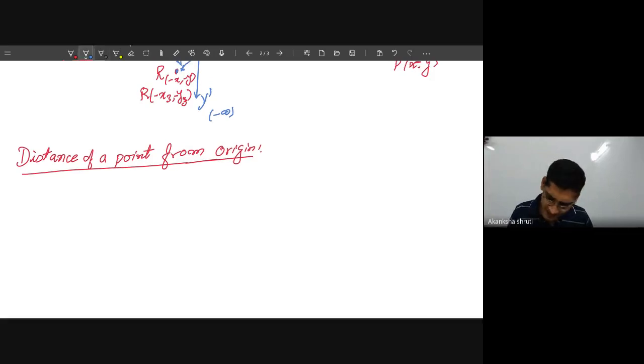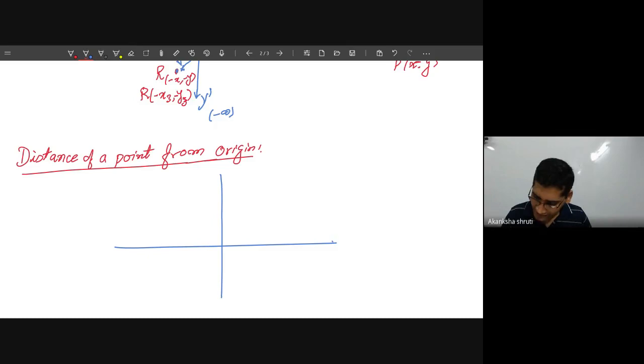A student, it means a coordinate system is given to us and we are given a point. This is the origin O that we are considering. This is a point.